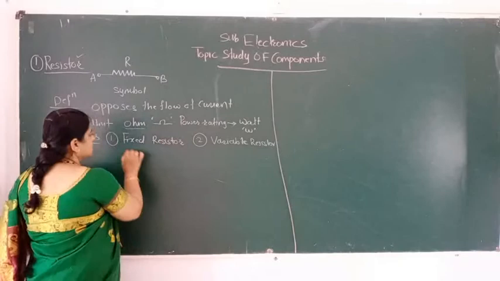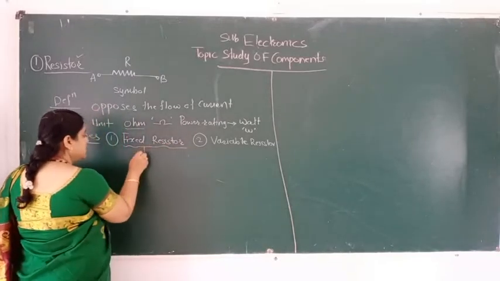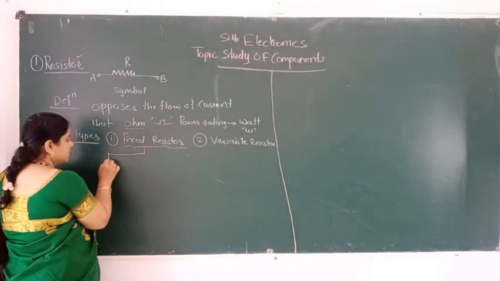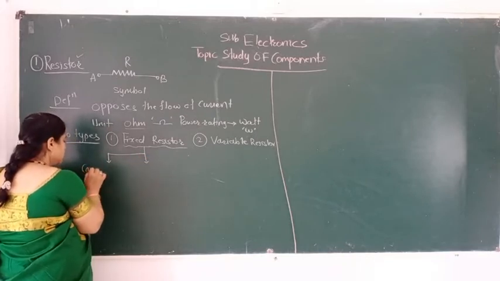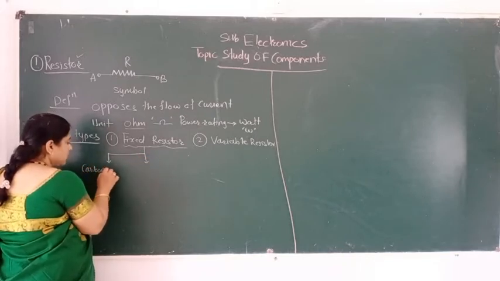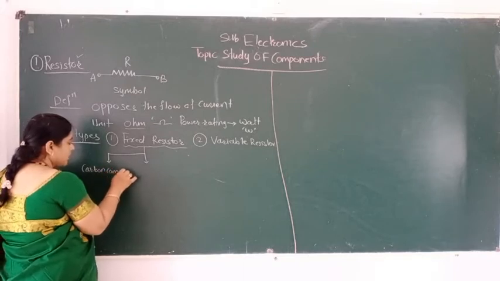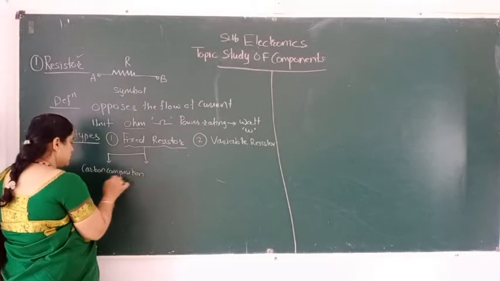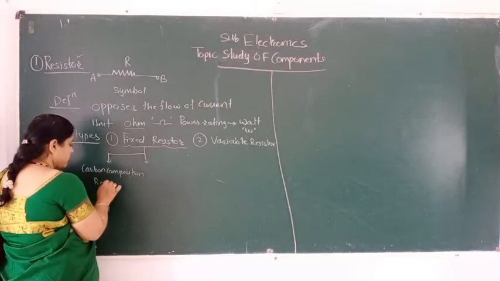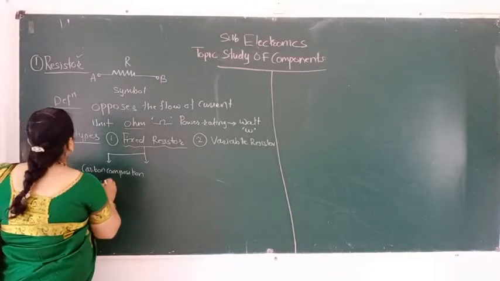The fixed resistor is again divided in 3 types. First is carbon composition resistor.